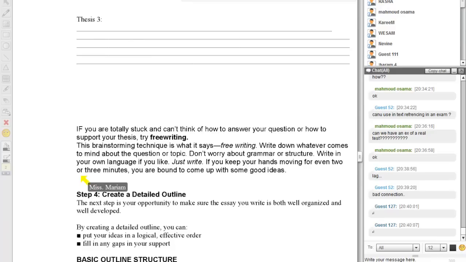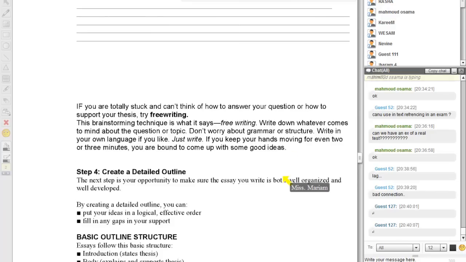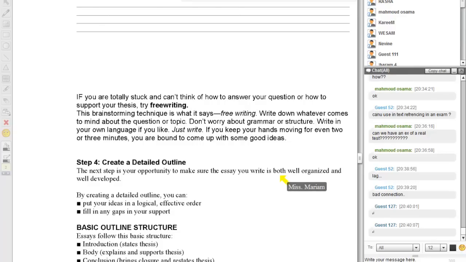If you keep your hands moving for 2 or 3 minutes, you are bound to come up with good ideas. For me, I won't recommend this technique, but it happens. But for me, it won't be 2 or 3 minutes. Maybe it will take 10 minutes. So I have to make use of this 10 minutes in a better way.